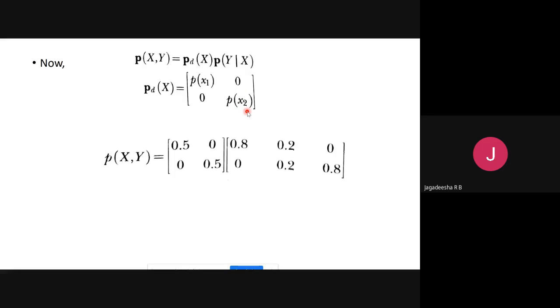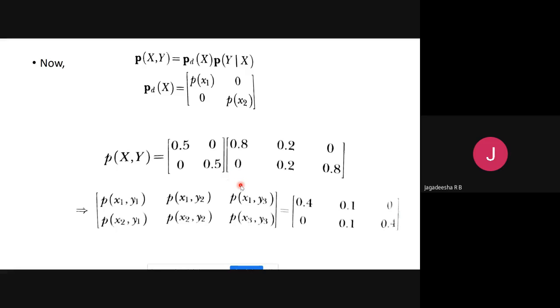And we already know the structure of this particular joint probability matrix. We're just going for a matrix multiplication here, where this matrix is a 2 cross 2 and this is a 2 cross 3. So you should get this output.